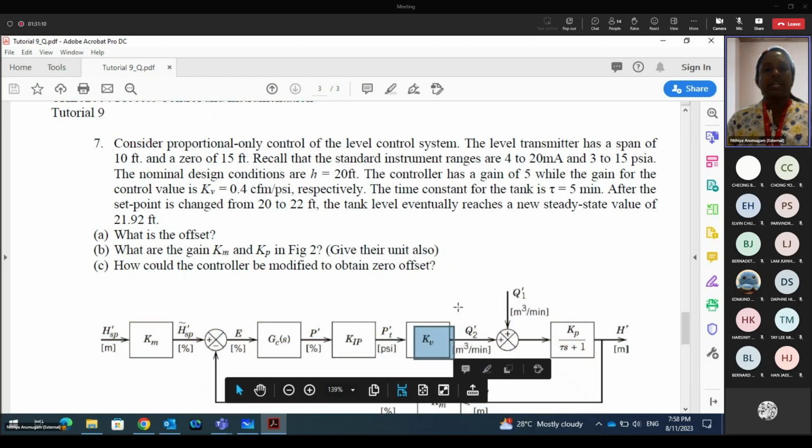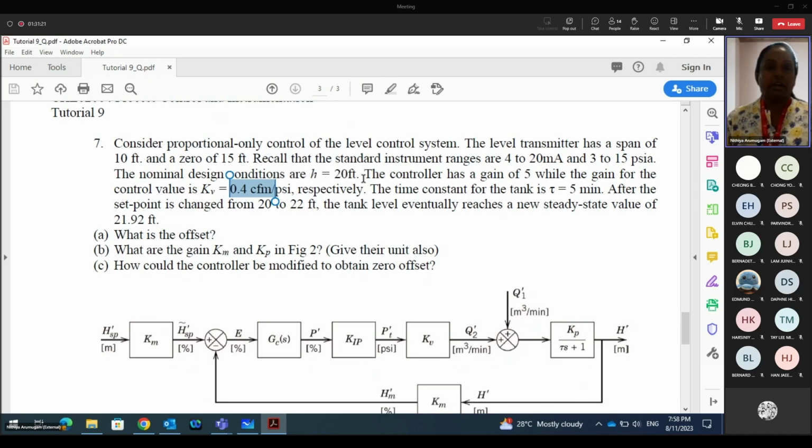Now we need to know what is the control valve. Control valve gain is already given as 0.4 CFM over PSI. Okay, and the KC, is it the KC given here? Kc. Okay. For the time constant for the tank, tau equals to 5 minutes.